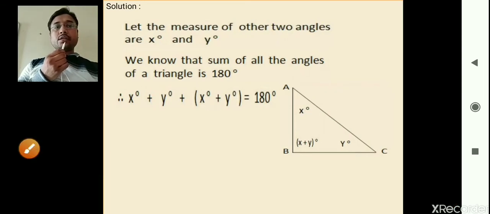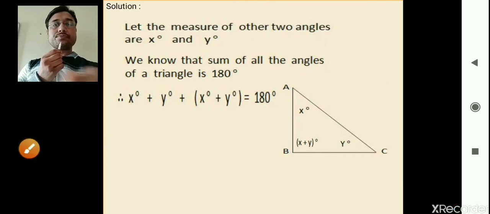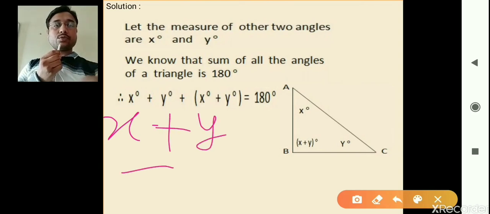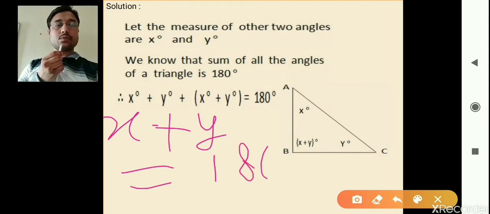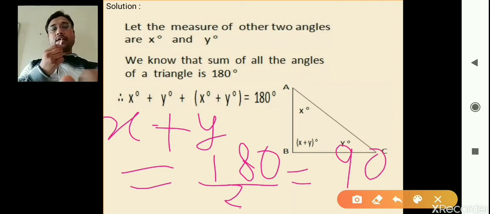Ultimately at the last you will get x plus y equals 180 by 2, that means 90 degrees. This x plus y is the measurement of angle B. So angle B is 90 degrees.